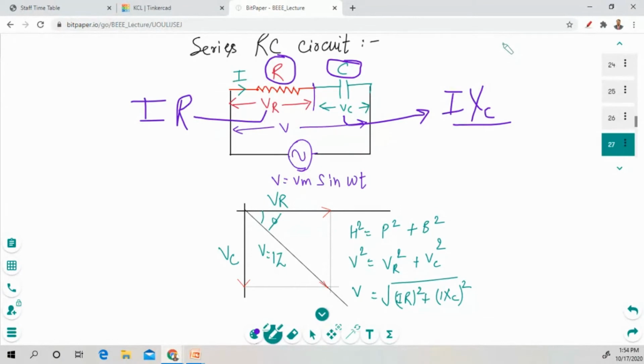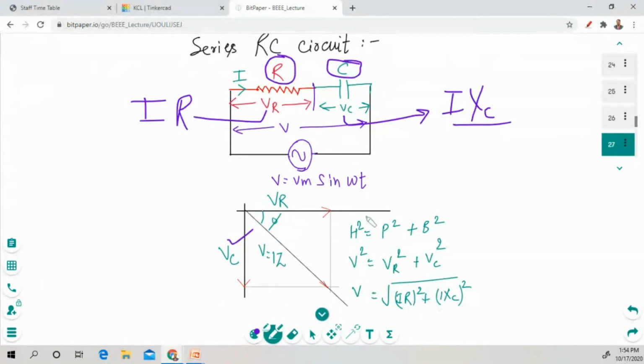There is a 90-degree phase difference between voltage and current. In the capacitor, the voltage lags the current by an angle of 90 degrees. That's why we have taken VC in the downward position. Clear? Any doubt till now?